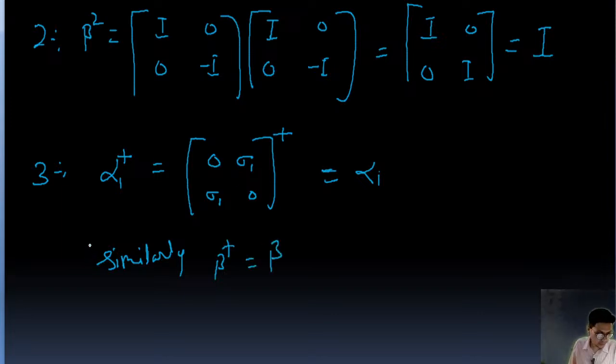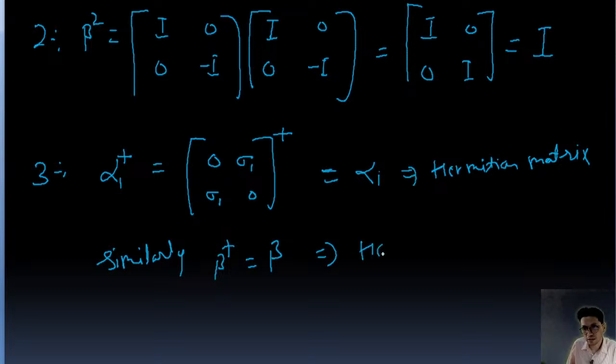So this means Hermitian. So alpha is a Hermitian matrix, and beta is also a Hermitian matrix.